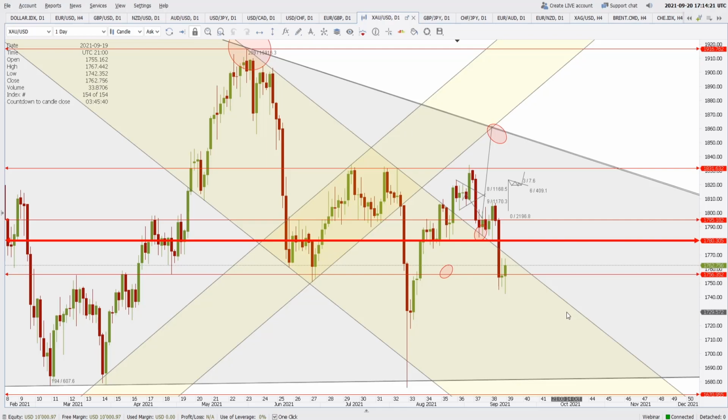And if it does so, then it can come back again to the 1757 levels. I think gold is trying to consolidate at the 1750 levels, and it can go down more to around 1690 to 1680 levels once the selling starts.